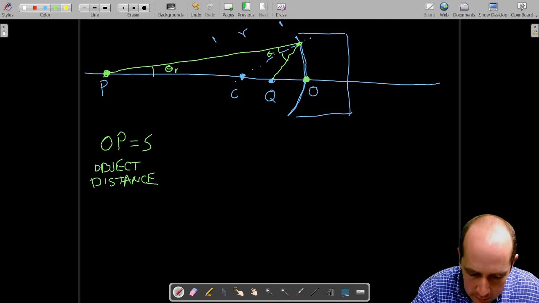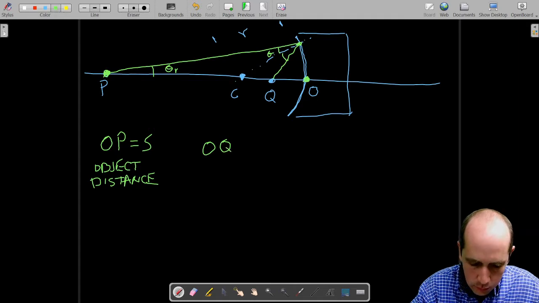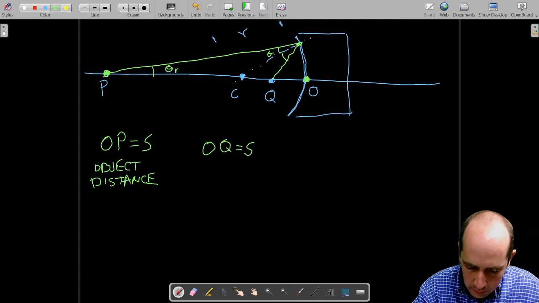We will also build the distance between O and Q, which we will call S prime, and that's the image distance.